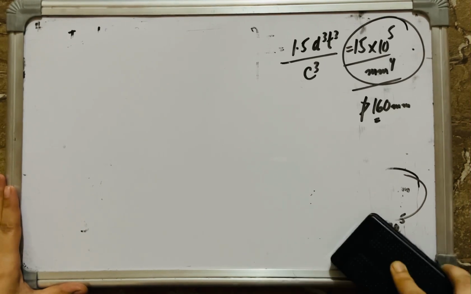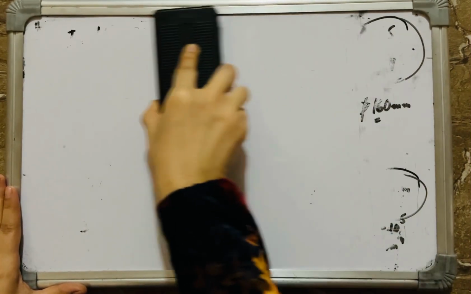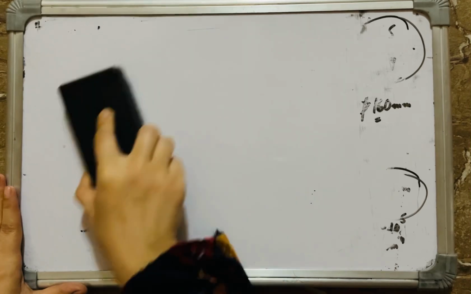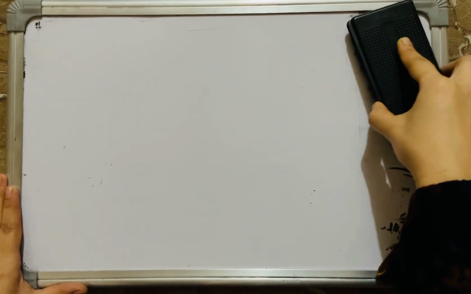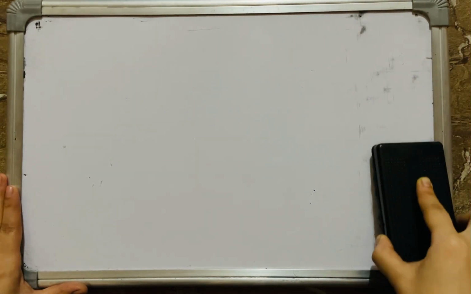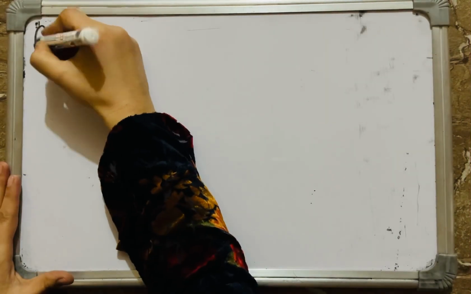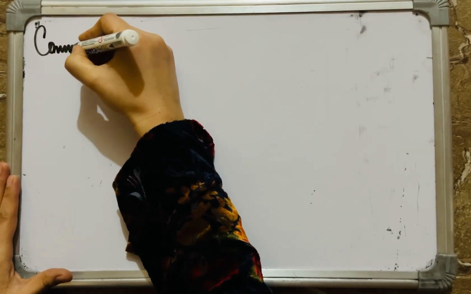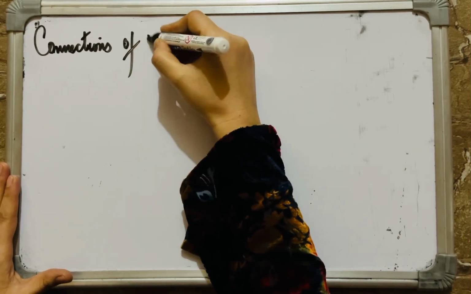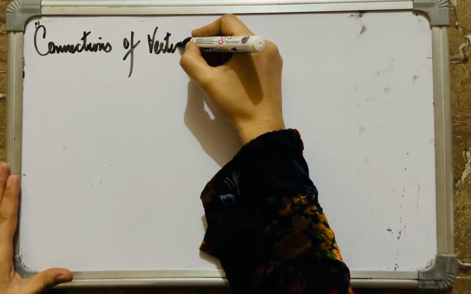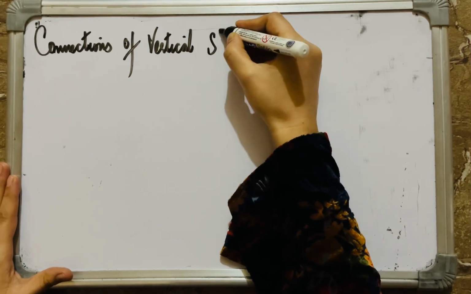We designed a vertical stiffener for the steel truss bridge by adopting a plate 10 mm cross 80 mm. Now we have to design the connection of this vertical stiffener to web. Connections of vertical stiffener to web.